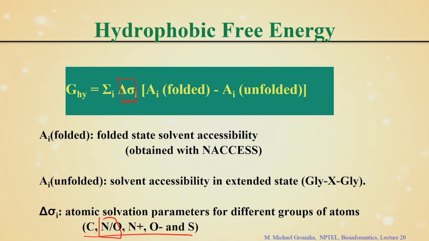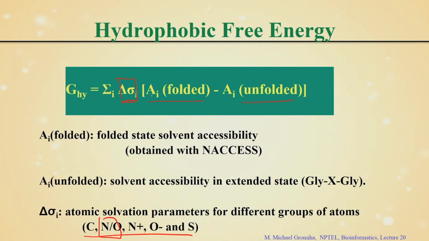This is the method initially proposed by Eisenberg in 1984, published as a paper in Nature. Here A_folded is the folded state accessibility and A_unfolded is the unfolded state accessibility. Can we have the unfolded state accessibility? Yes, because if you have the Gly-X-Gly conformation, they calculate different systems and take the average or the maximum values, and we can get the unfolded state.